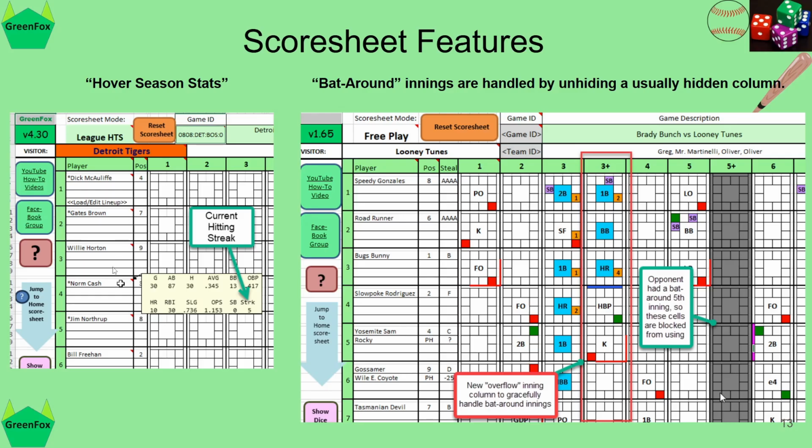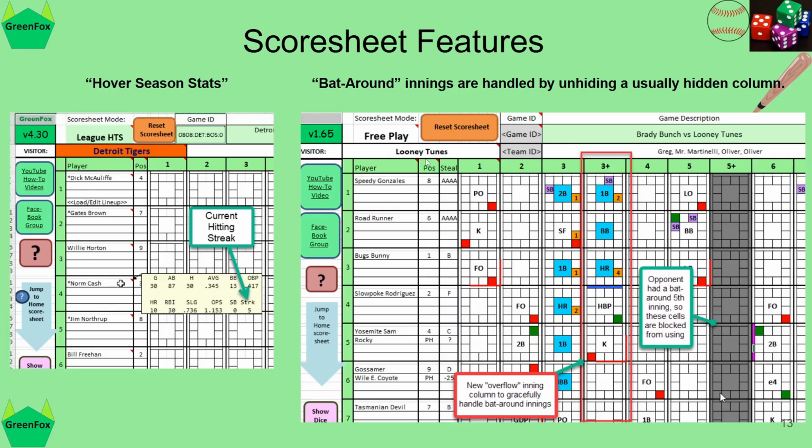If you hover on a lineup name, it shows this pop-up window, which has some of their main season stats, including their current hitting streak. It doesn't have all their stats, but it has a lot of the main categories, so it gives you an idea of how they're doing. That's what I call the hover stat feature.